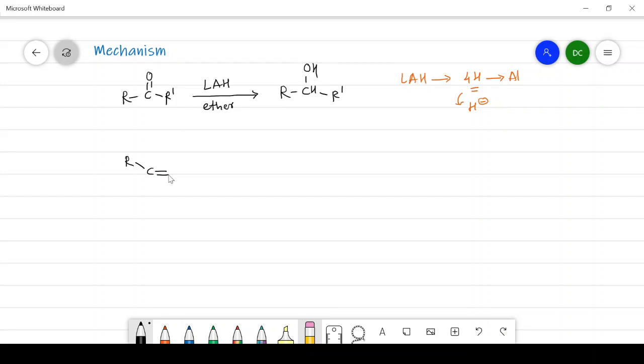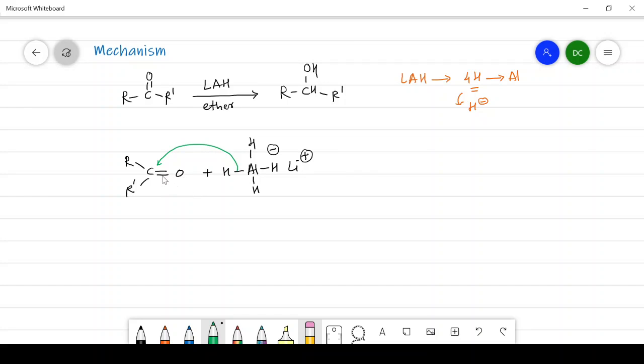I will write here once again a ketone like this, with R dash, then the structure of lithium aluminum hydride in which aluminum is the central atom attached to four hydrogens with negative charge, and lithium possesses a positive charge. The first step is the nucleophilic addition of one of the hydrogens, and it will attack here because carbon is electrophilic in nature.